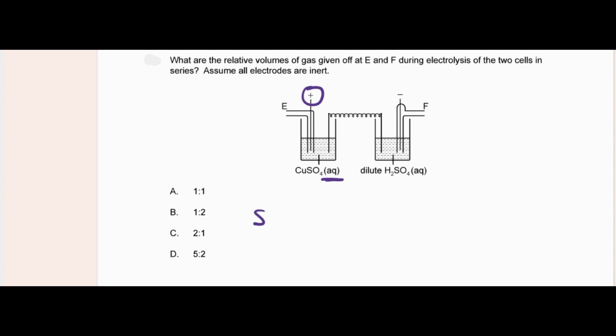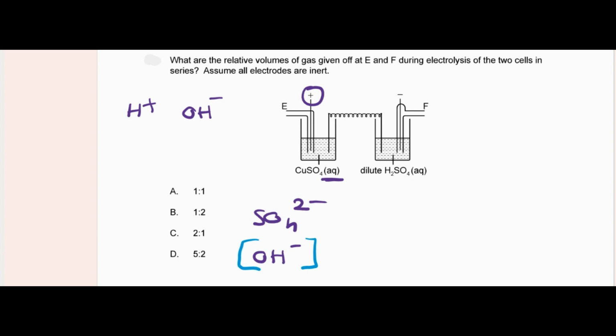So aside from SO4 2-, we'll also have OH minus because the ions of water are H plus and OH minus. We know that when water dissociates, it dissociates into those two. So which one will be most easily discharged? That will be the water, or rather the OH minus, the hydroxyl ion.